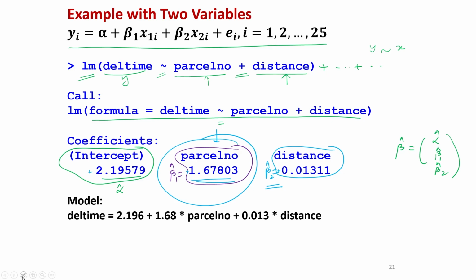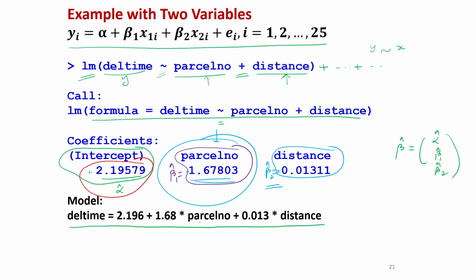And similarly, if you look at the intercept term, which is plus 2.19, I can say that if the value of parcel NO is 0 and the value of distance is 0, then even then the delivery time will be 2.19579.